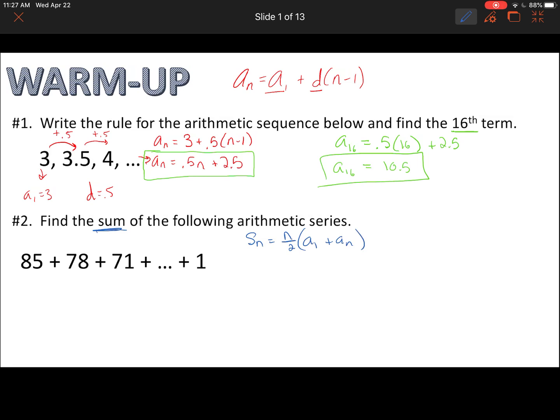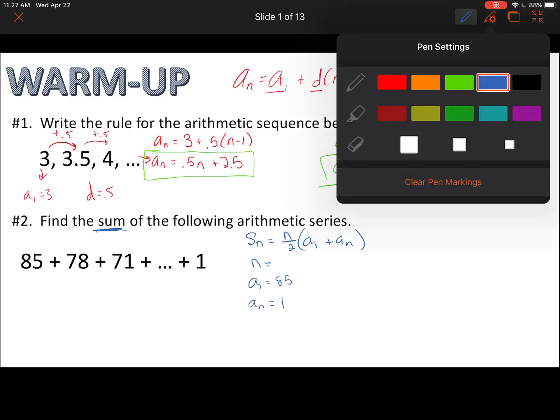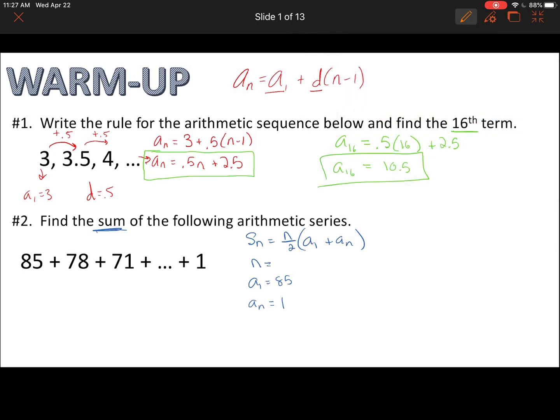So looking at this problem, we have a few of them already. Number of terms, we don't know. First term, we do know, it's 85. And a sub n, which means the last term, we do know, it's 1. So because we don't know part of this, we need to do some work to solve for it. So to get the n value here, I'm going to first come up with my a sub n formula.